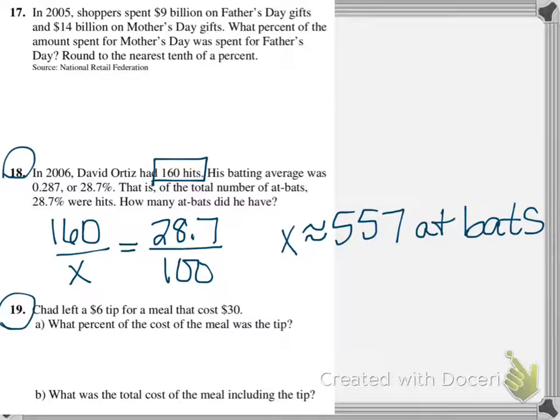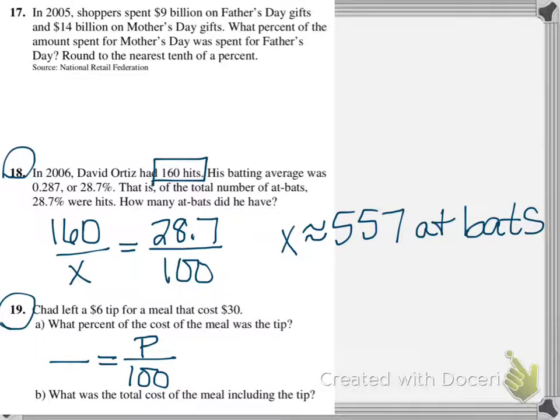So the way we would set that one up would be, I don't know the percent, so I'll just put that above my 100. A $6 tip for a meal that costs $30. So you have to decide which is your is and which is your of.